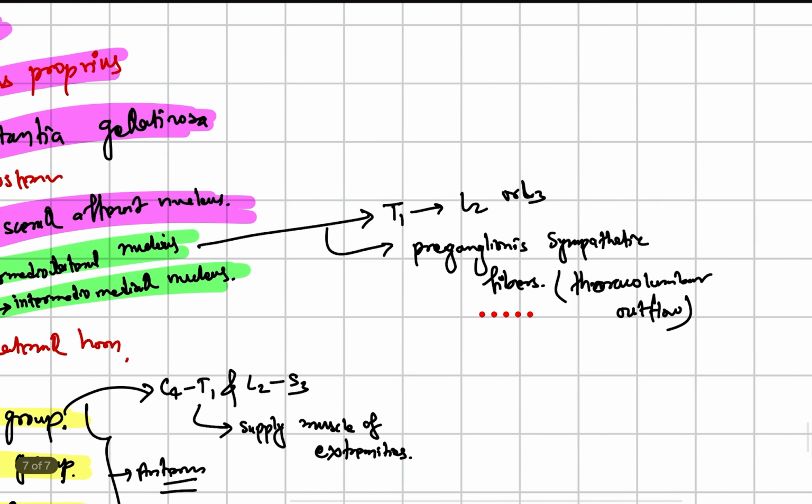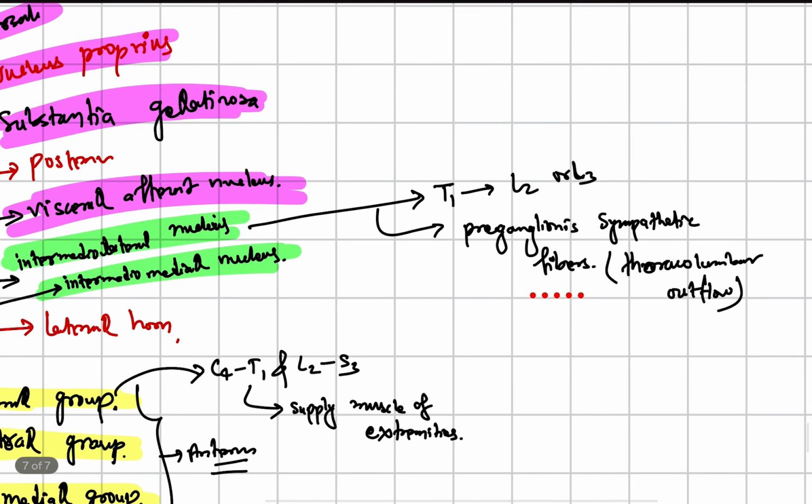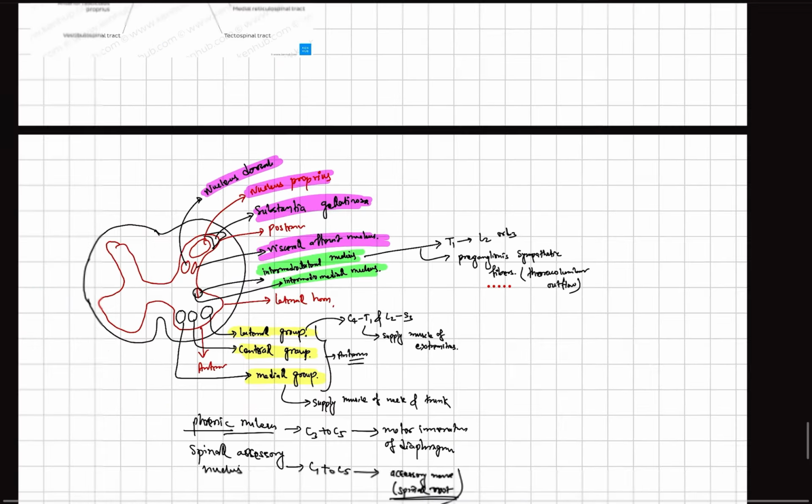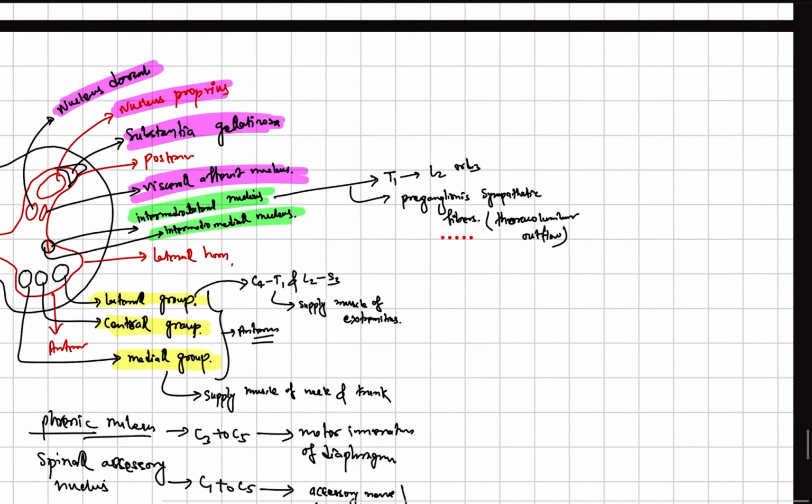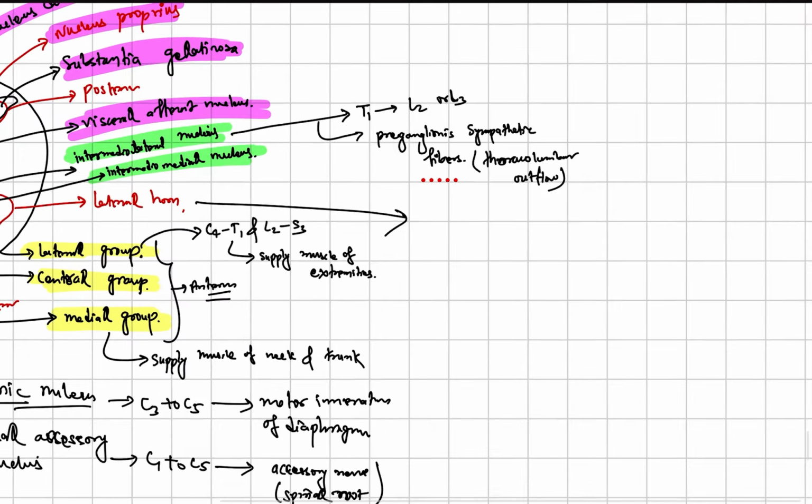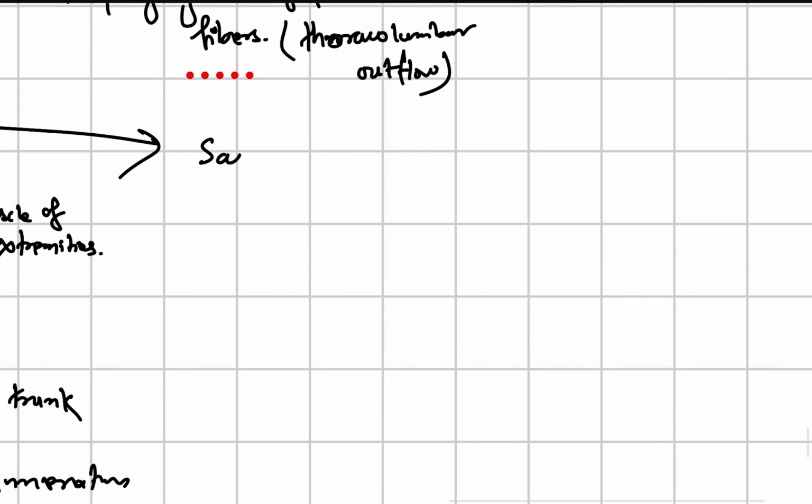Then there is the sacral parasympathetic nucleus, which is present in the lateral horn.